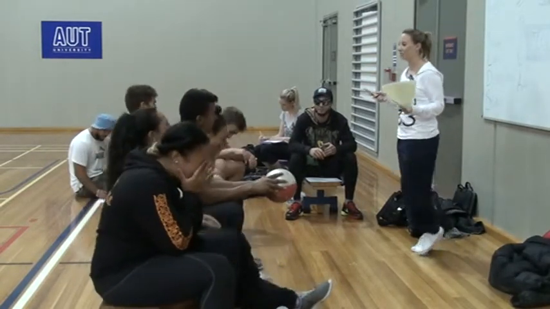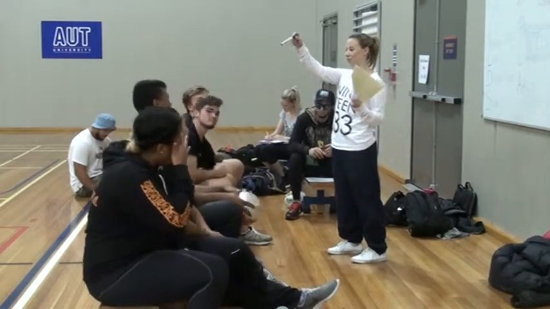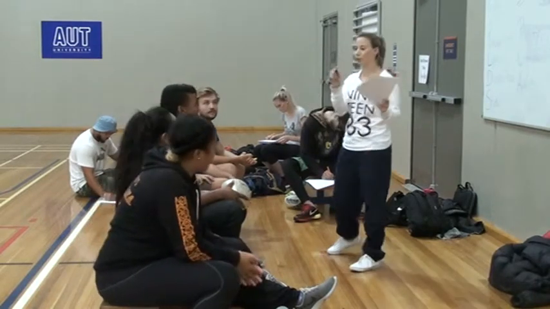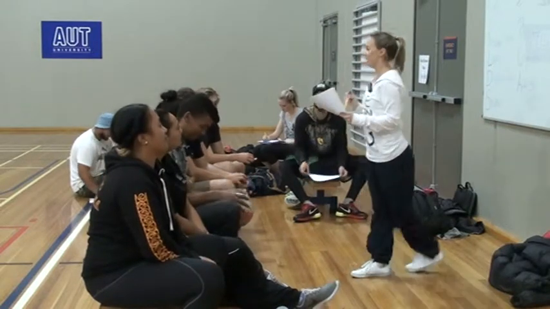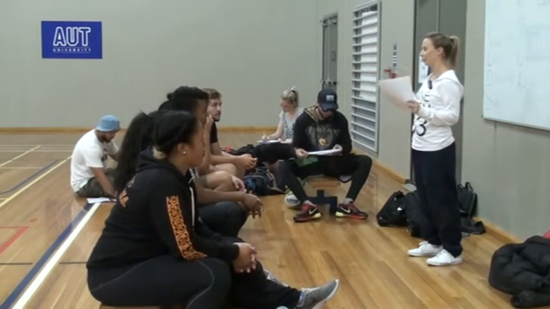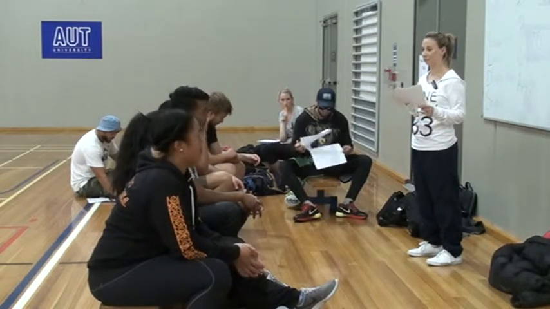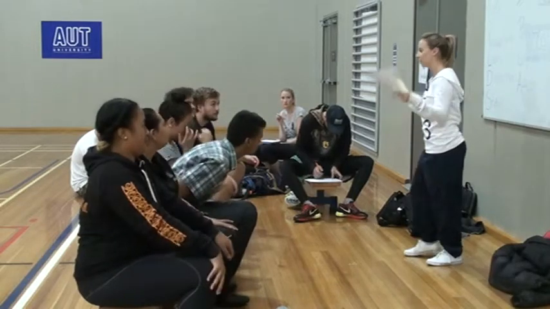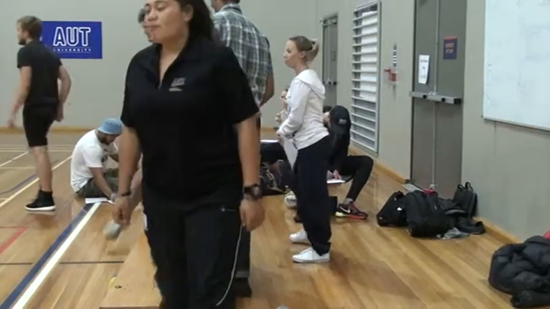Okay, so ones, in a second, when I say go, you're going to go to this end of the bench and read the instructions that you've got. 2s, you're going to go to the second end of the bench and look at the number sequence. The aim of this activity is for 1s and 2s to navigate 3s through the grid successfully without standing on the wrong squares. Okay, does anybody have any questions? No? Okay, so 3s if you want to head over to your grids, 1s and 2s go to your respective pieces of paper, and I'll give you 1 minute.